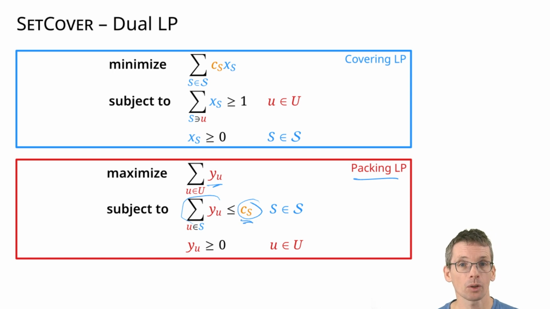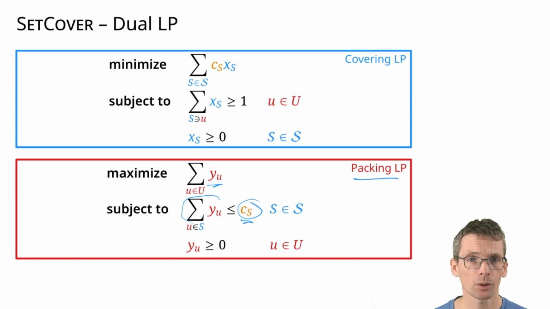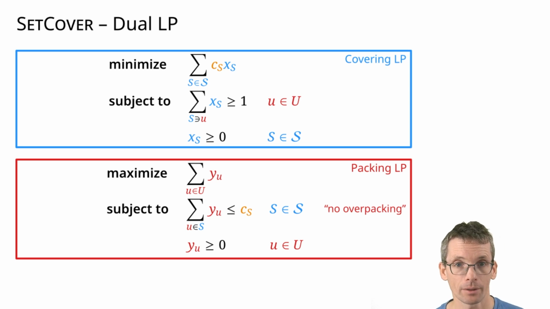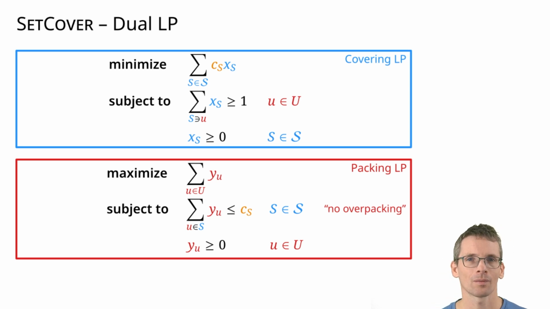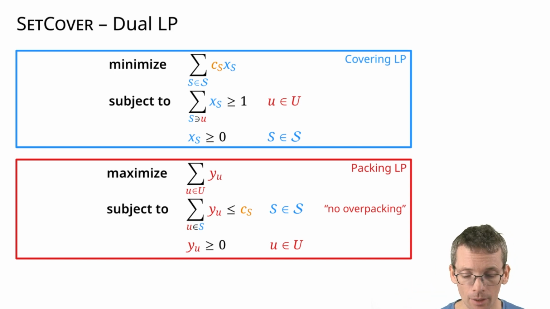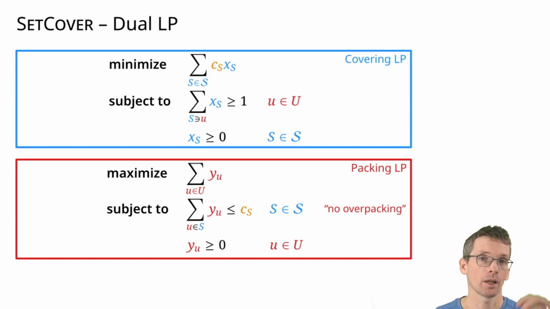So I'm trying to pack as much as possible into these sets. These constraints are also referred to as no-overpacking constraints. So I'm not allowed to overpack. One interpretation of this dual would be that I want to assign prices to the elements so as to maximize the overall price, but I can only do so up to a certain limit, namely I cannot overprice any of the sets.